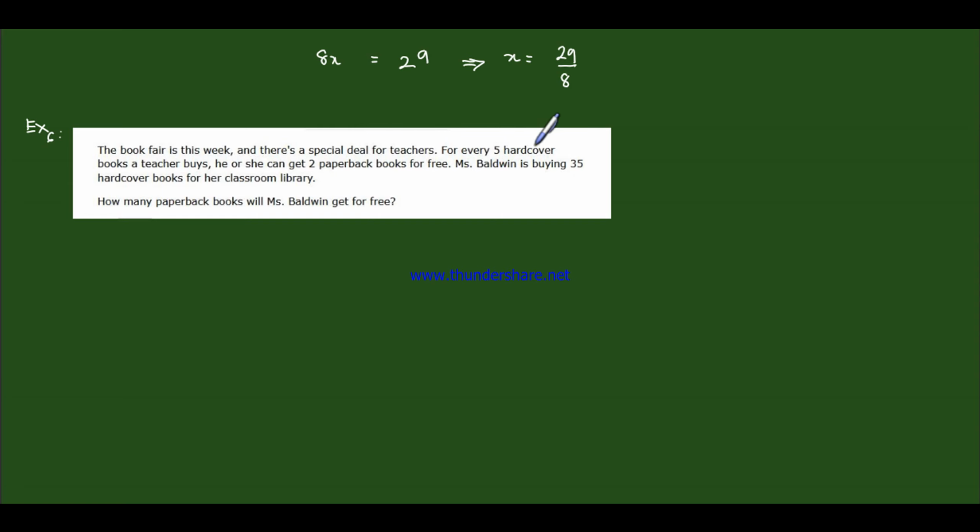Miss Bowen is buying 35 hardcover books for her classroom library. How many paperback books will Miss Bowen get for free? All right, how are we going to do this? Solution.